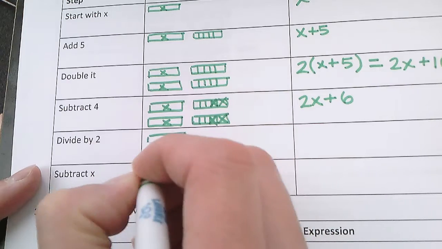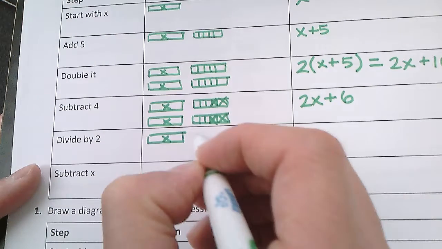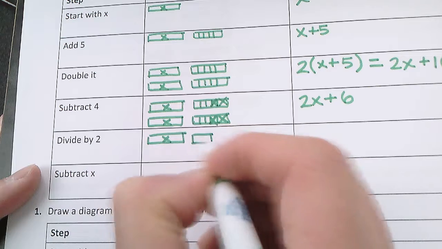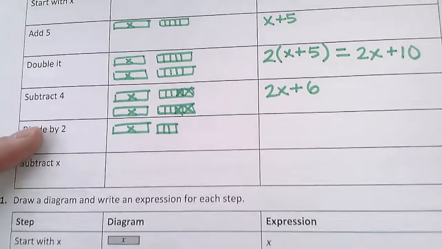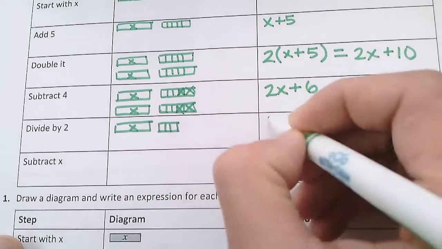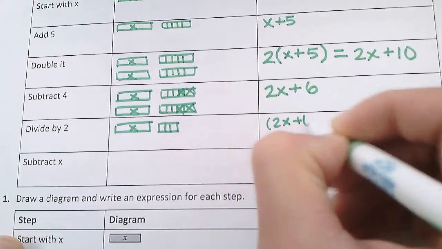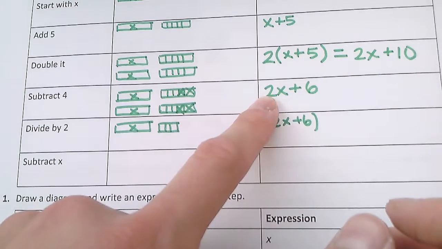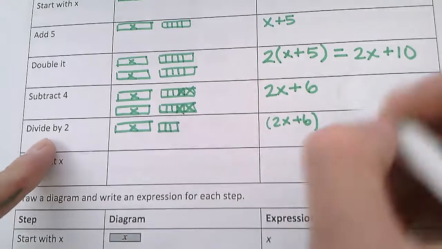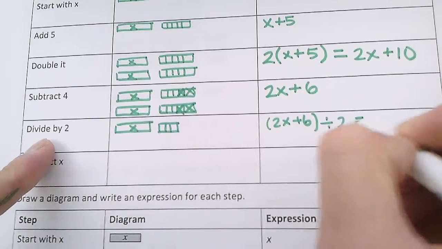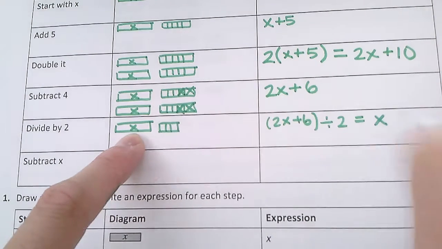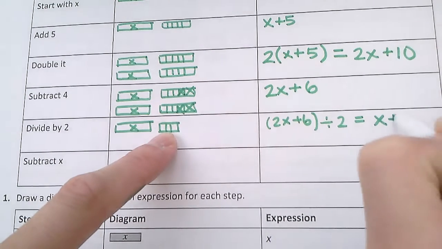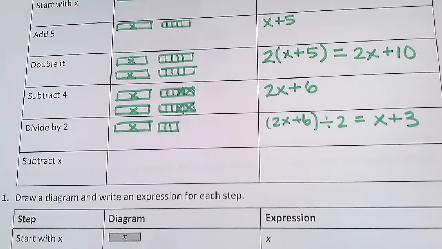So I'm left with now just 1x and 3 1s. And for my expression here, I had 2x plus 6, which is the quantity that I had in the previous amount. I divided it by 2. And now I can look at my diagram, I have 1x and 3 1s. Okay?